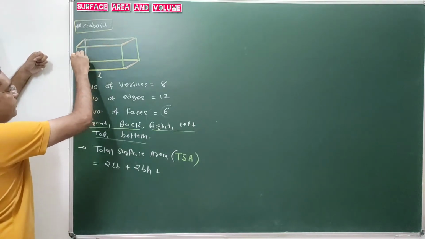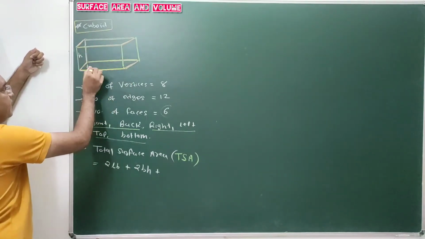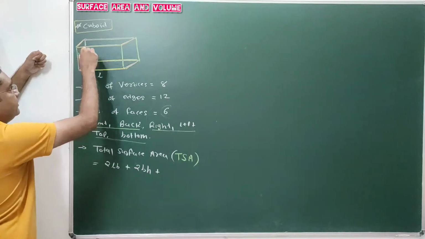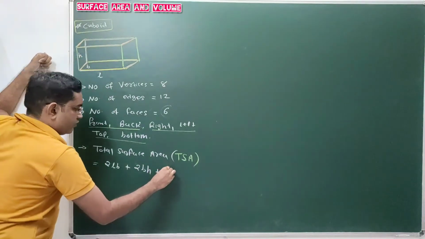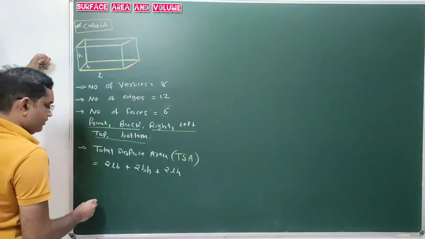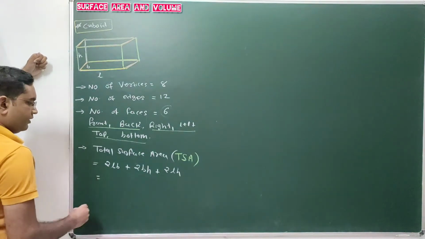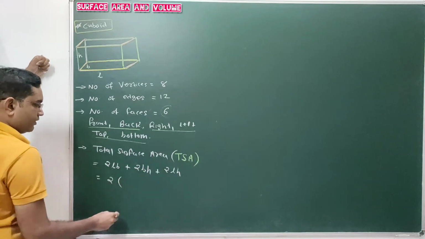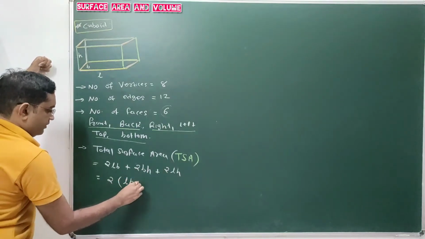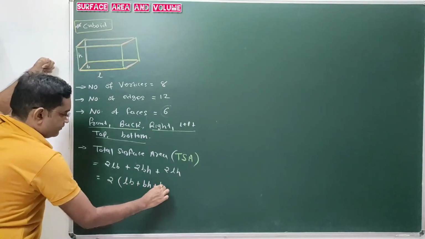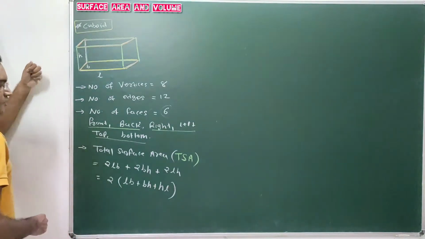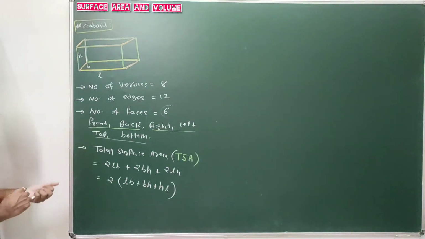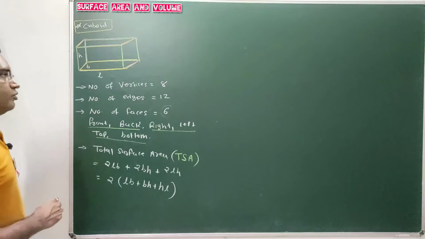Front and back faces have area L into H, LH plus LH, so twice LH. So the total surface area of a cuboid, taking 2 common, is 2(LB plus BH plus HL). That is the formula of total surface area of a cuboid.